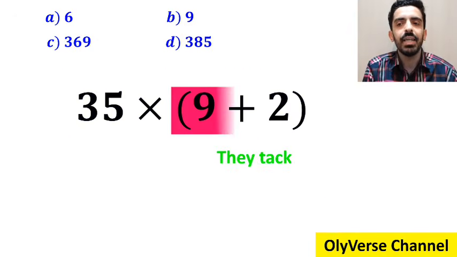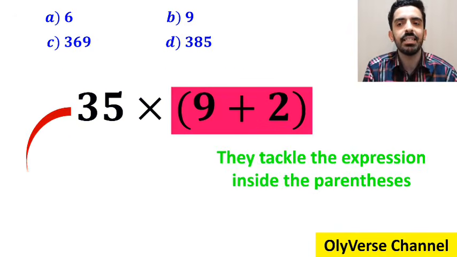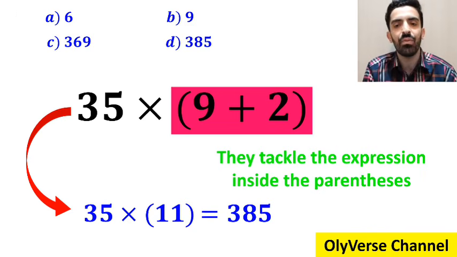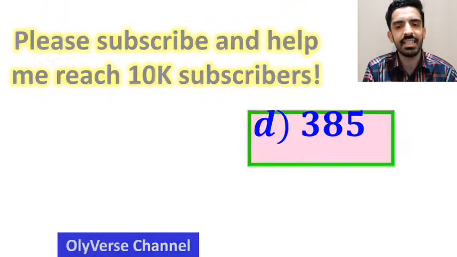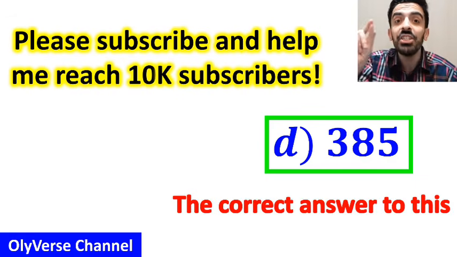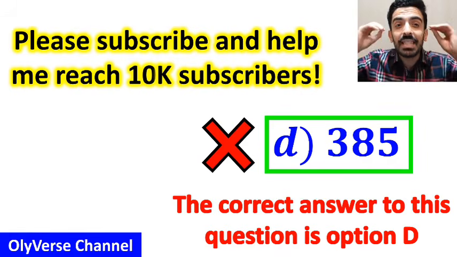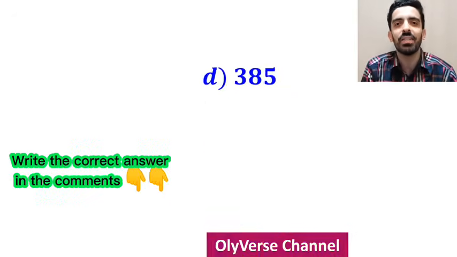And the final step, they tackle the expression inside the parentheses and write it as 35 times 11, which ultimately gives them the answer 385. Then, without any hesitation, they quickly say that the correct answer to this question is option D. However, this answer is absolutely wrong.